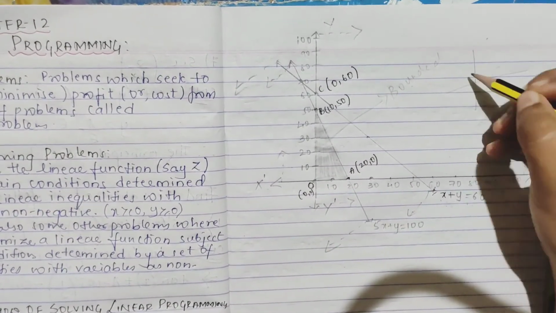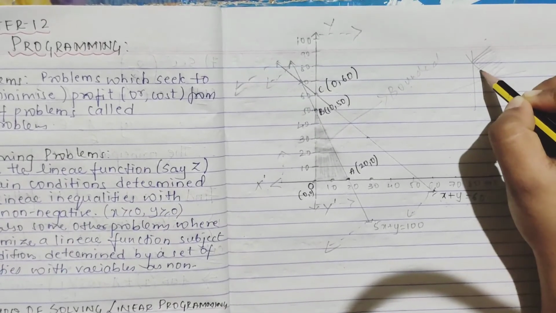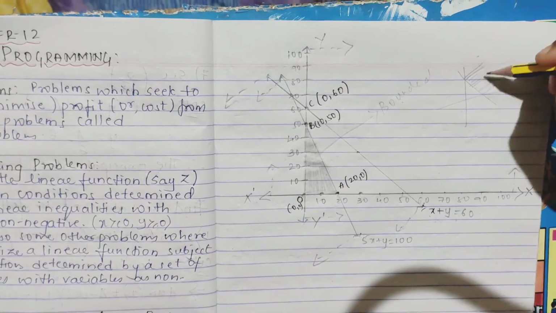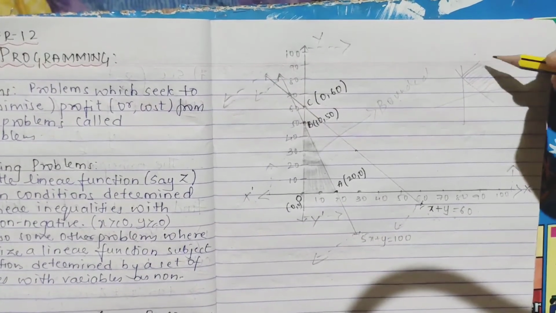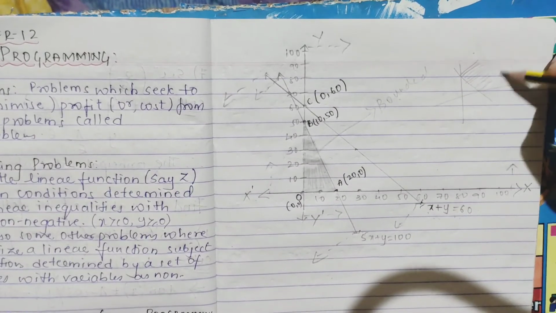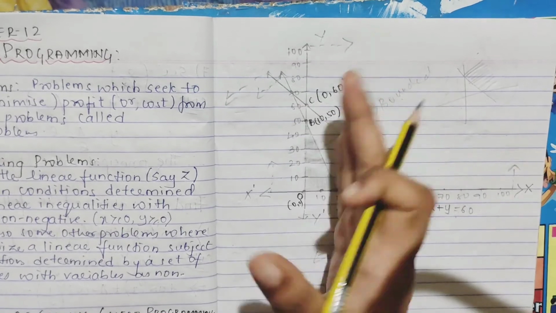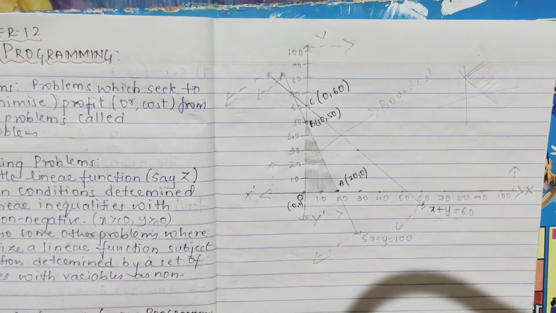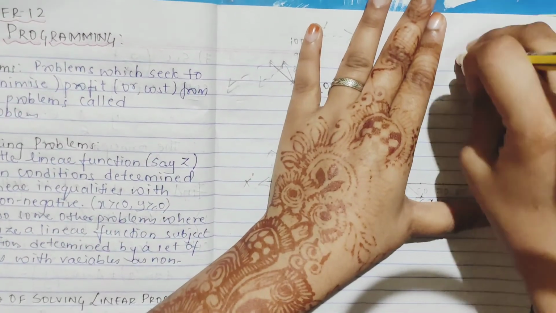Sometimes you may get a feasible region that is open, and this we call unbounded, because no line is bounding it. So if you get such a region, we call it unbounded. Where we have limitations and it is closed, this is called bounded. This is your linear programming graphical method, how you have to do it.